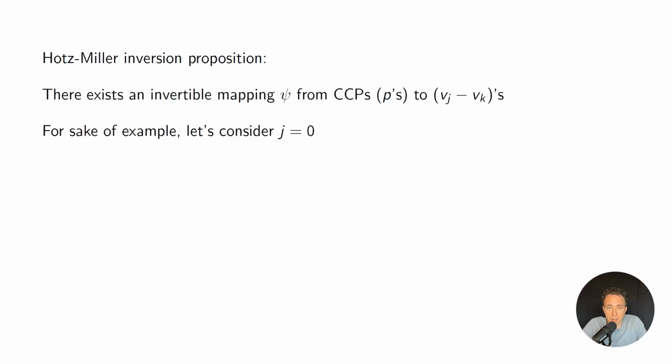So Hotz-Miller have a proposition in their paper where they prove that this invertible mapping, this psi function that maps from the conditional choice probabilities to the difference conditional value functions, exists. And so I'm going to walk you through what the end formula looks like more generally.